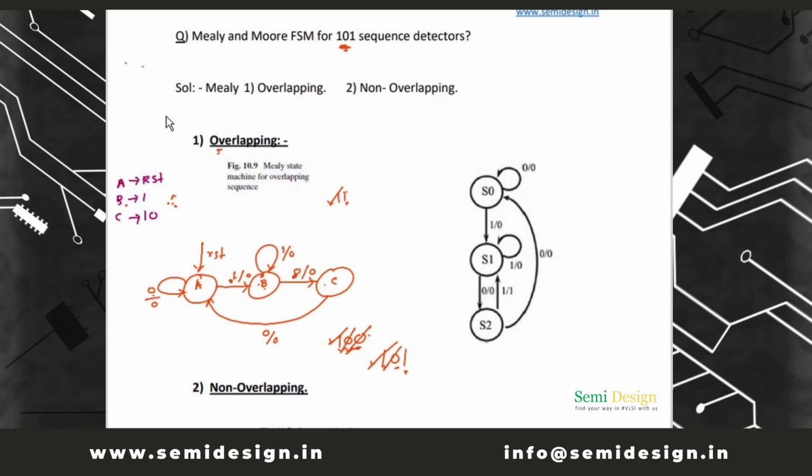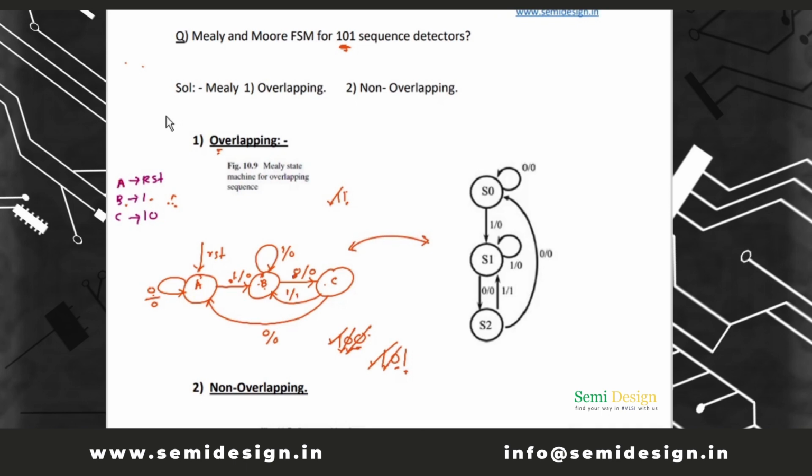Okay, now 1 is nothing but B. So from this C it will go to B when there is 1. So 1 is there and sequence 1 0 1 is detected, so output will be 1. Very simple. So this is the same diagram for Mealy overlapping case.